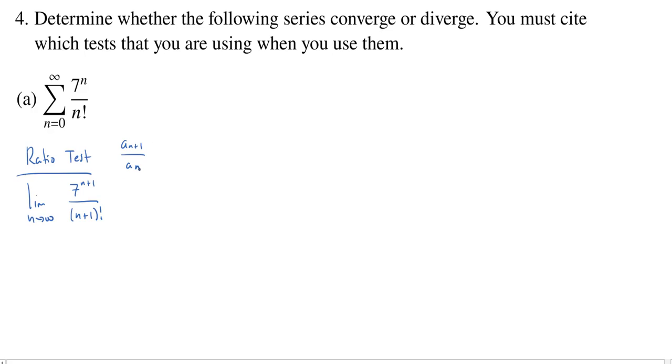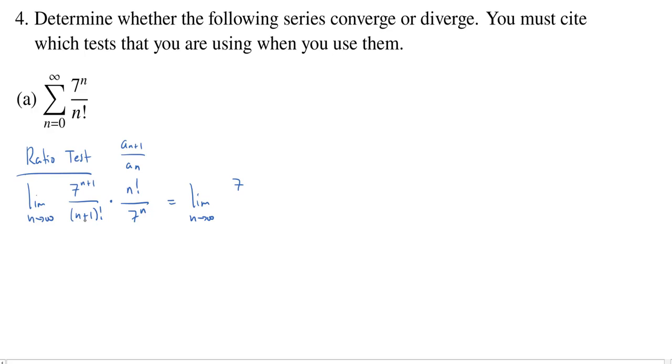Then I need to divide by the nth term, which is the same thing as multiplying by the reciprocal, n factorial over 7 to the n. We're going to get a little bit of cancellation here. There are n plus 1 sevens in the numerator and n sevens in the denominator, so I'll be left with 7 in the numerator.